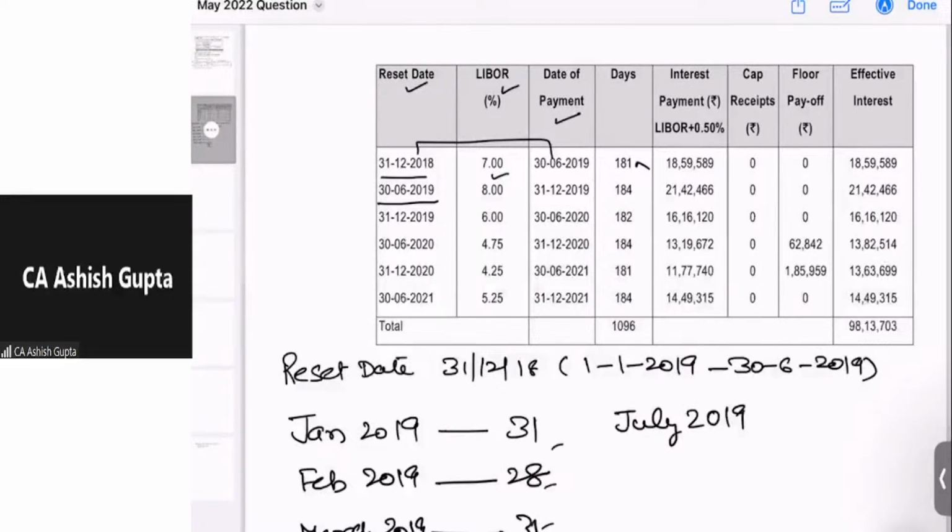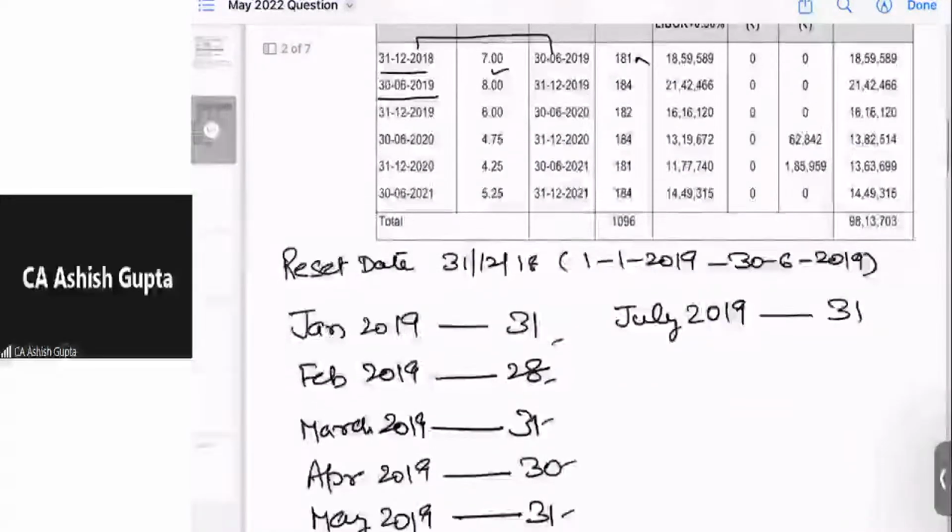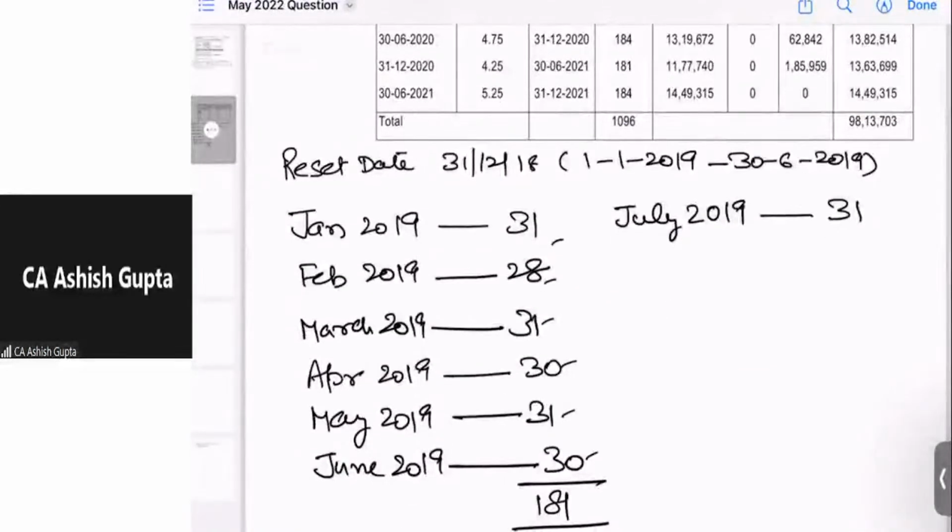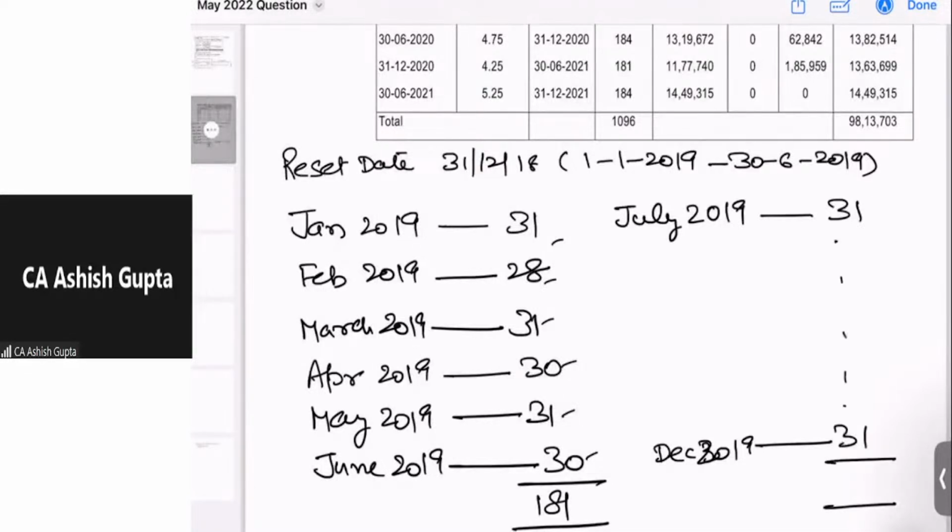Now, in a similar way, you can carry out the calculation on your own. You do it yourself at home. These days will be 184 days.